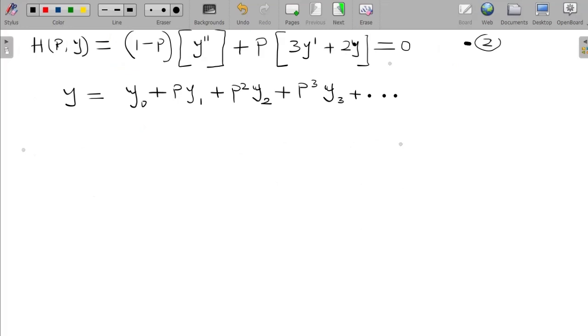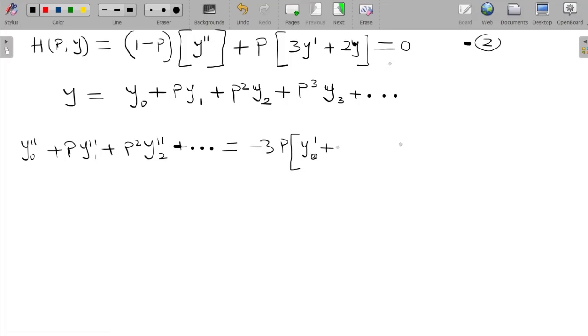Substituting that into equation 2, we are going to obtain y0'' + p y1'' + p^2 y2'' equal to negative 3p times, so we substitute into the 3y', that gives us y0' + p y1' + p^2 y2' and so on.